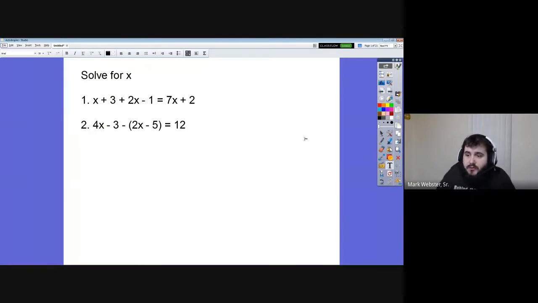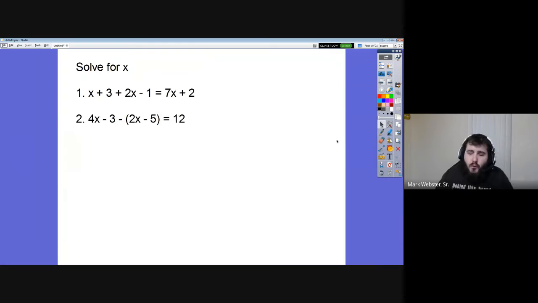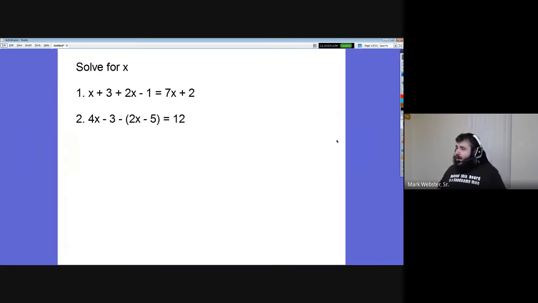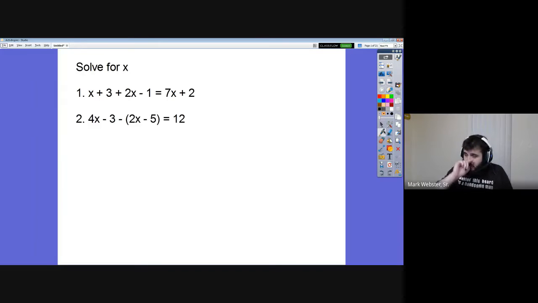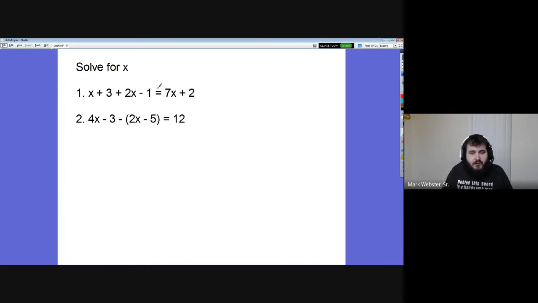All right, so when we are trying to take care of problems like this, remember combining like terms as a first step is super duper important. Here we've got x and 2x, so that makes 3x. We've got 3 and minus 1, so that's a plus 2.